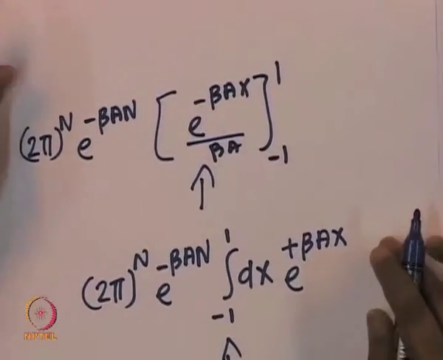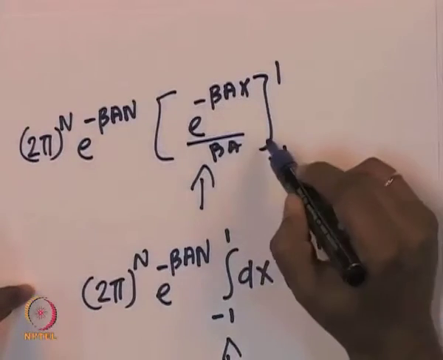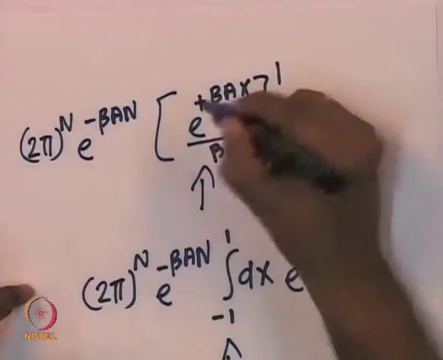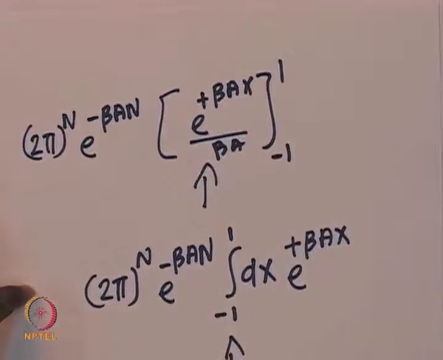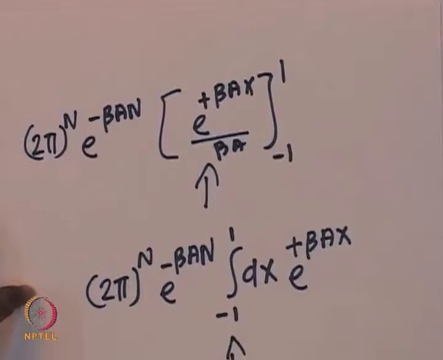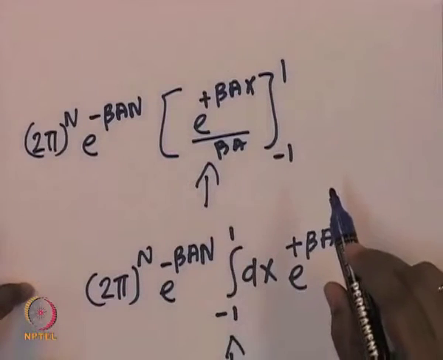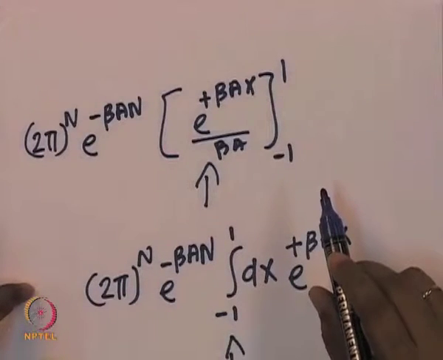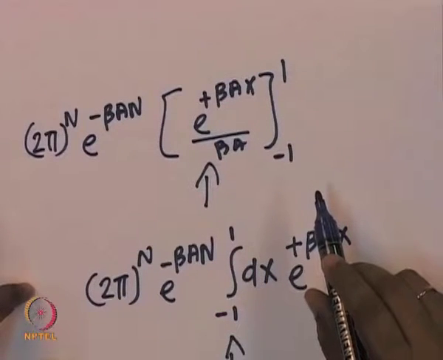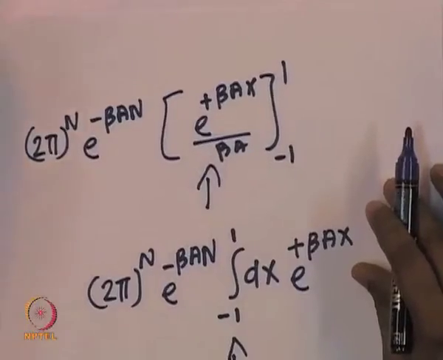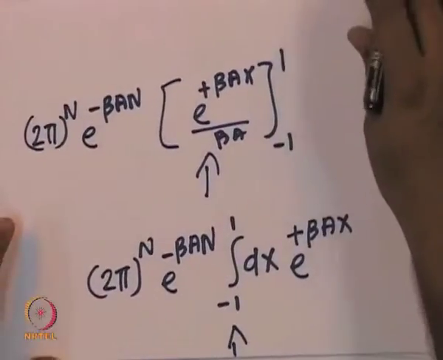So, if you apply the limits, it will be e power beta a minus e power minus beta a. Let us apply the limits properly.